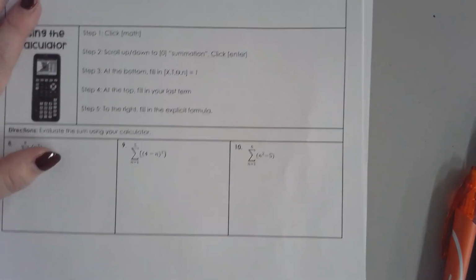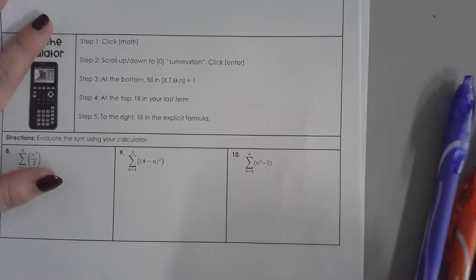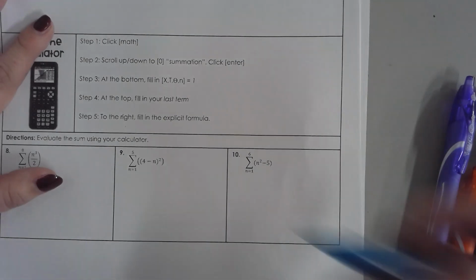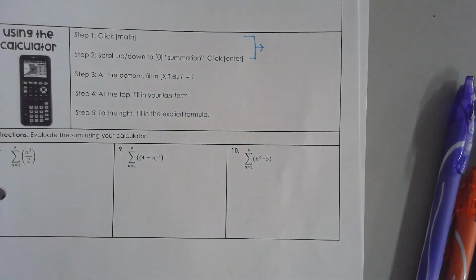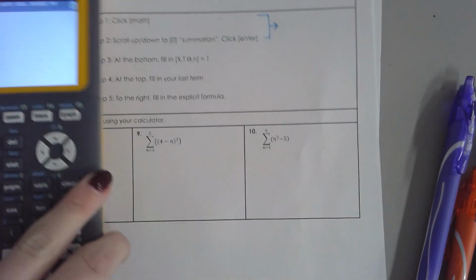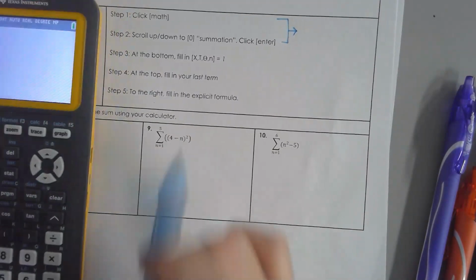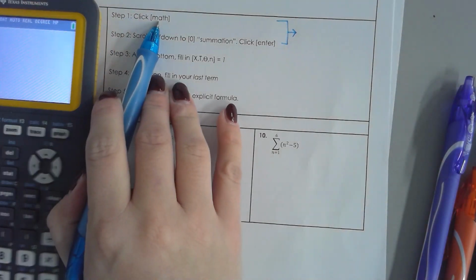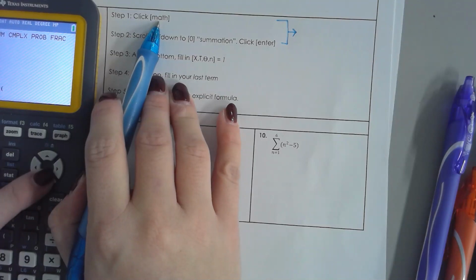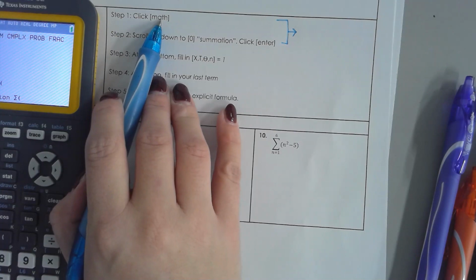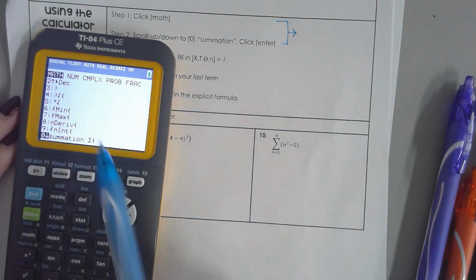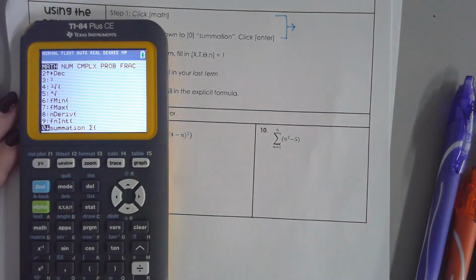So here's how you type that into your calculator. There's actually two options. One option is by hitting math, and then if you scroll all the way down to 0, you see it says summation and it has that sigma. You can also just hit math 0. Okay. That's one option.